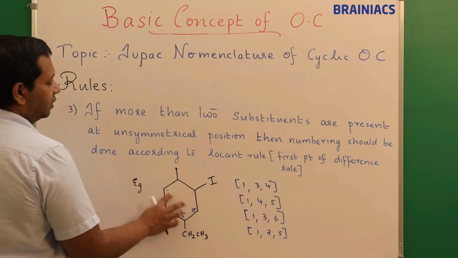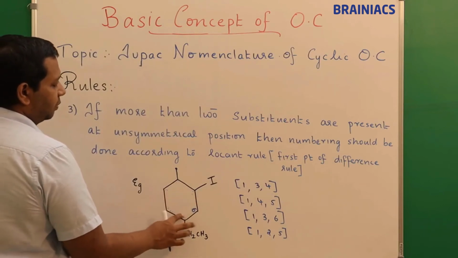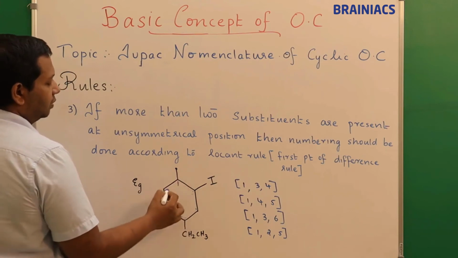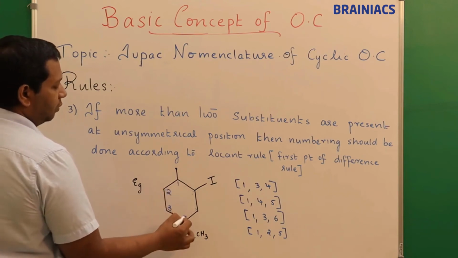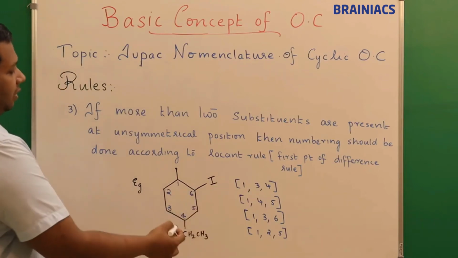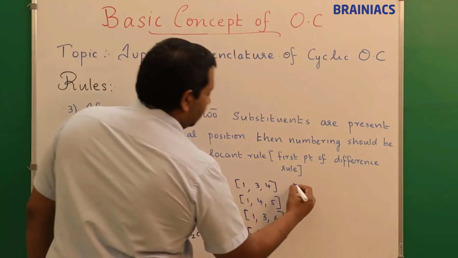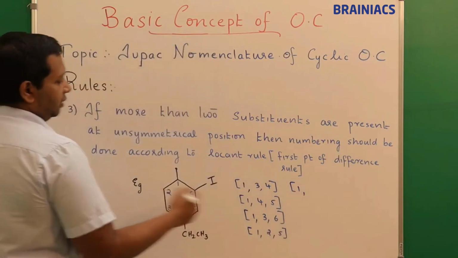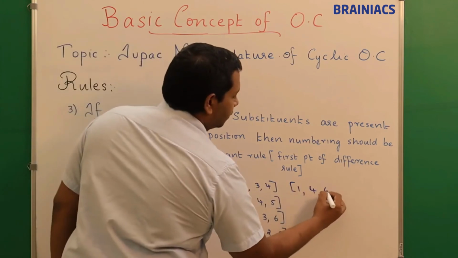So I will go with the third substituent. Then I will write the possibilities. Okay. So third substituent is this one. 1, 2, 3, 4, 5, 6. So tell me what are the locants. That is 1, 4, then 6. 1, 4, 6.